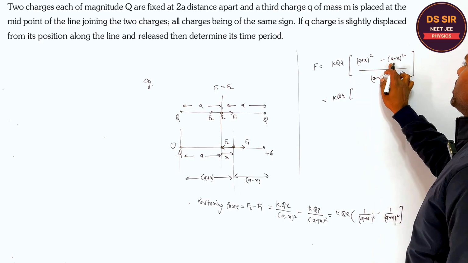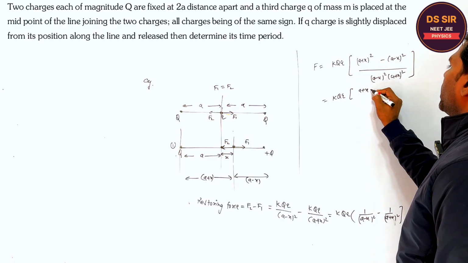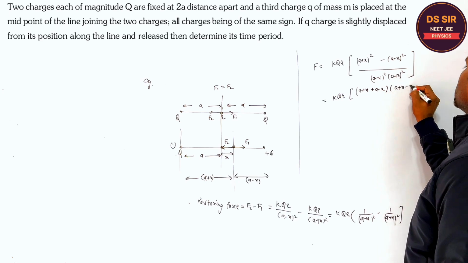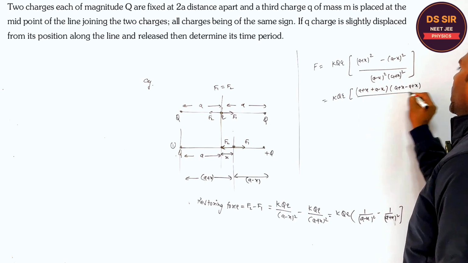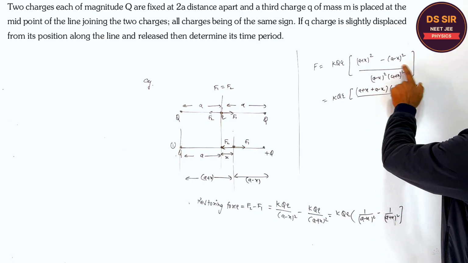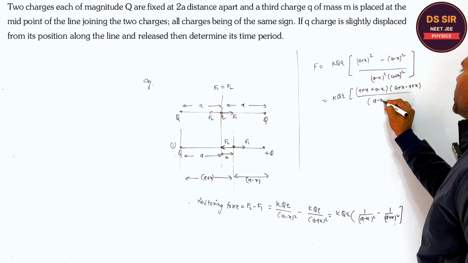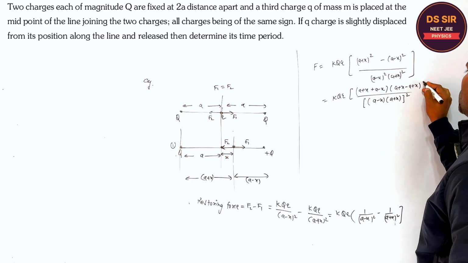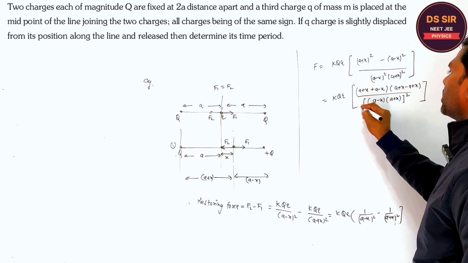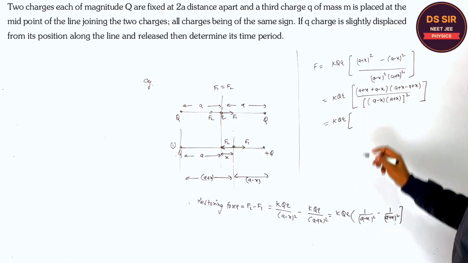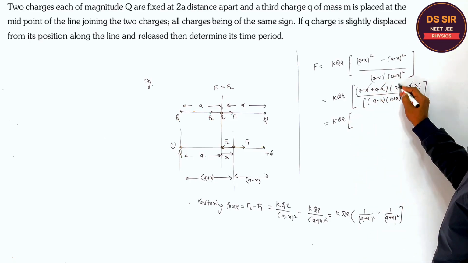This is a square minus b square, a plus b, a minus b, right? Yes. And this is a minus b, a plus b whole square, it may be written as a plus x, a minus x whole square. Please tell, the calculation is clear or not, you tell. Yes. Minus x will cancel out, plus a will cancel out.